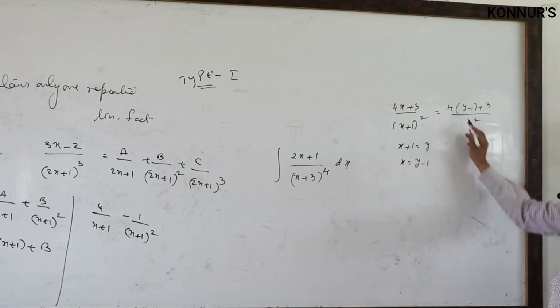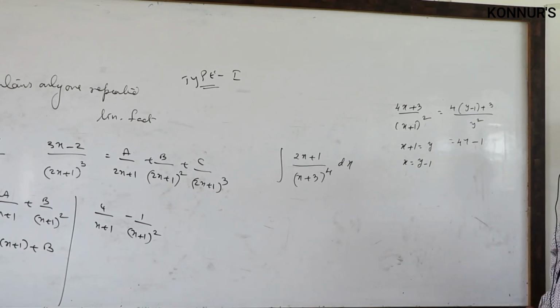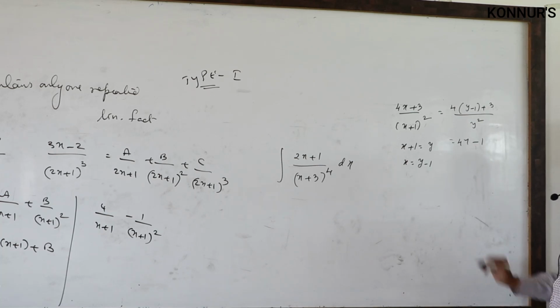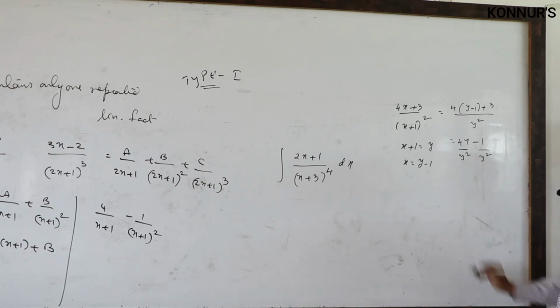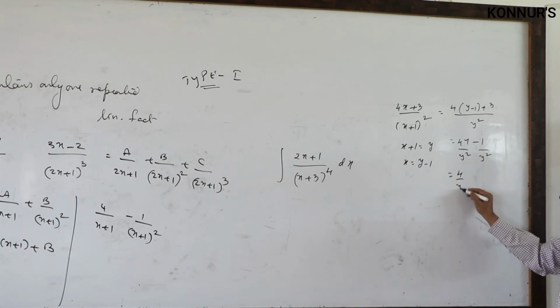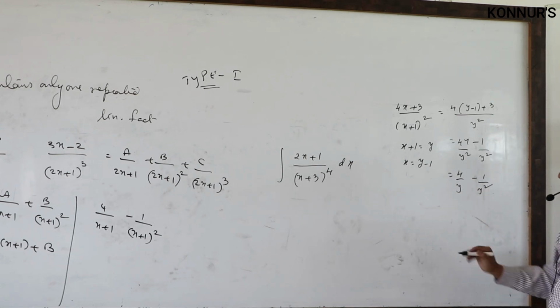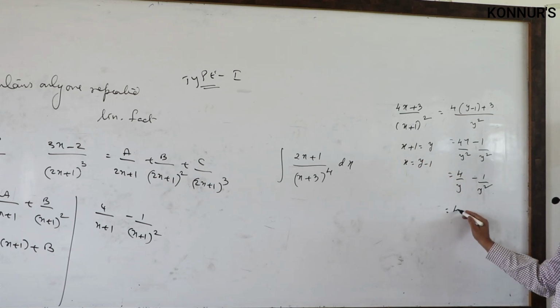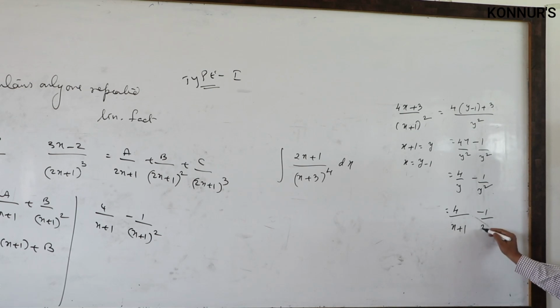Right? 4y minus 4 plus 3 minus 1. Separate the denominator. Then what is the answer? 4 by y minus 1 by y square. Problem is finished. You replace your y. We assume that y is x plus 1. Then finally, 4 by x plus 1 minus 1 by whole square.